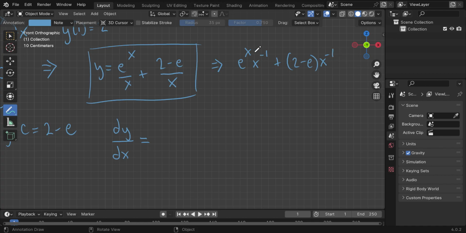By the product rule, we leave the left variable as it is and take the derivative of the right variable, so we bring down the minus 1. So we have minus 1 times e to the x, and then x to the negative 1 becomes x to the negative 2.